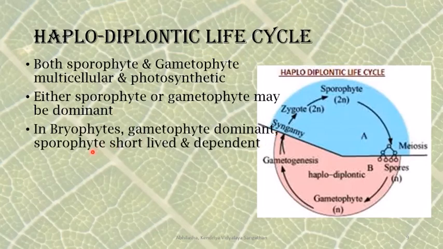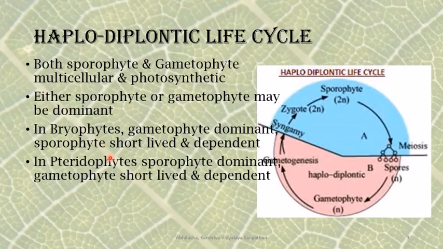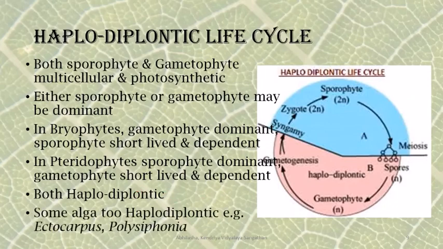The sporophyte is short-lived and dependent. But in pteridophytes, the sporophyte is dominant and the gametophyte is short-lived and dependent. So both pteridophytes and bryophytes are haplo-diplontic, but both are different. Some algae too are haplo-diplontic, for example, Ectocarpus and Polysiphonia.